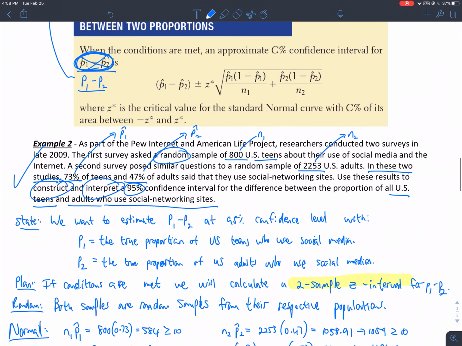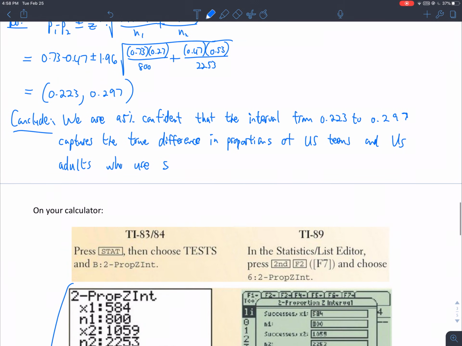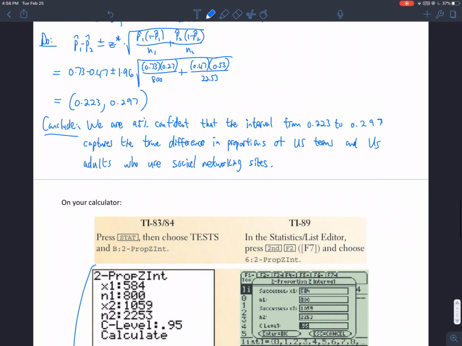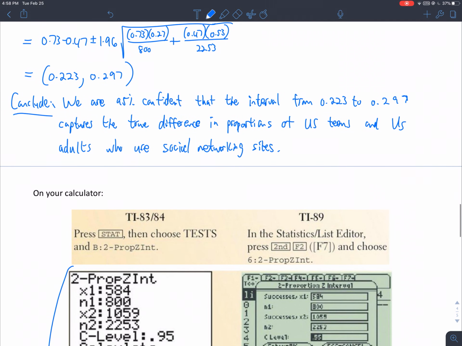Social networking sites? Yeah, social networking sites, okay? Social media, social networking sites. All right, I hope that's okay for you guys, and like I said, I'll do a calculator tutorial for you right after this.